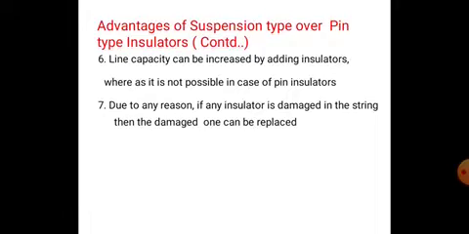Due to any reason, if any insulator is damaged in the string, then the damaged one can be replaced.